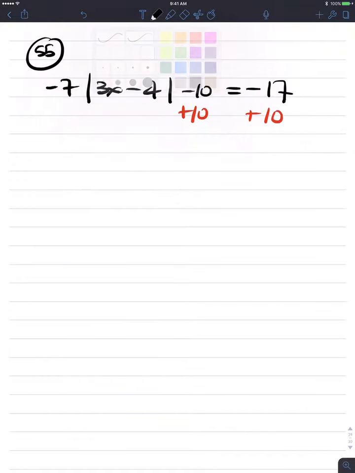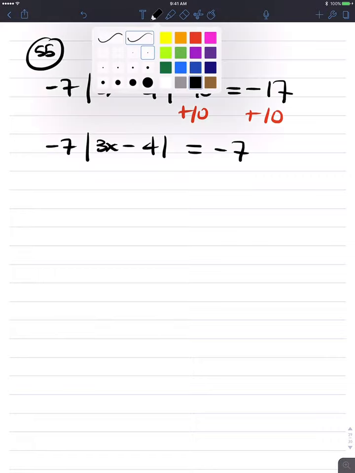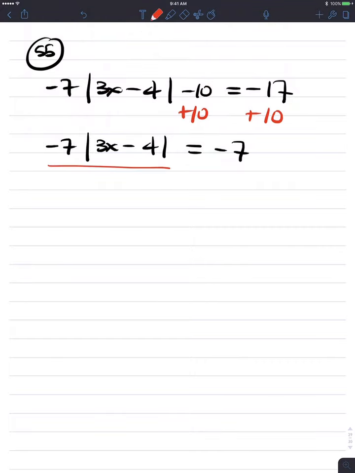We get negative 7 times the absolute value, 3x minus 4, will be negative 7. I'm going to divide both sides by the negative 7. So I get cancellation, because that negative 7 is being multiplied to the absolute value. So I get the absolute value of 3x minus 4 is positive 1.